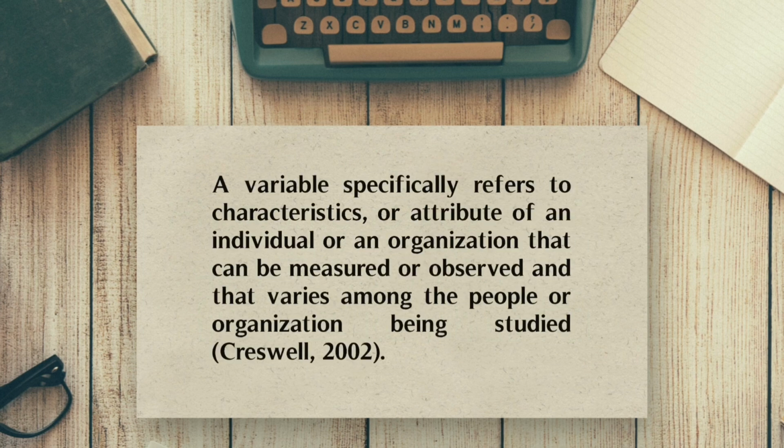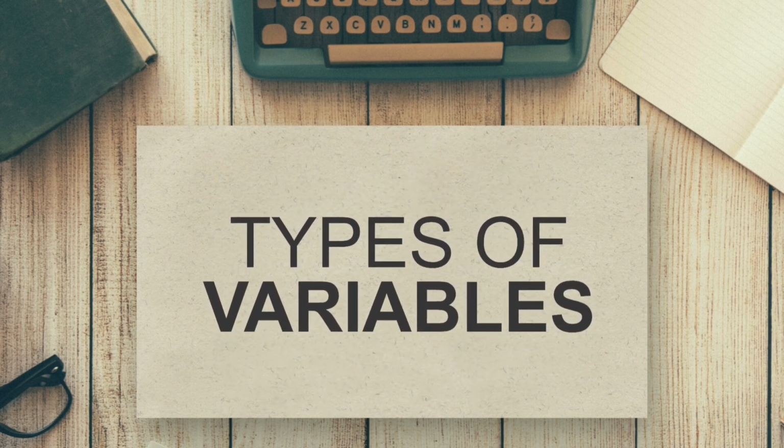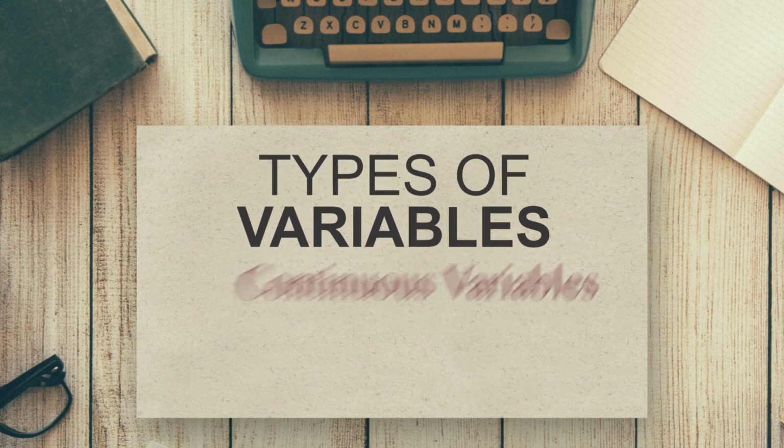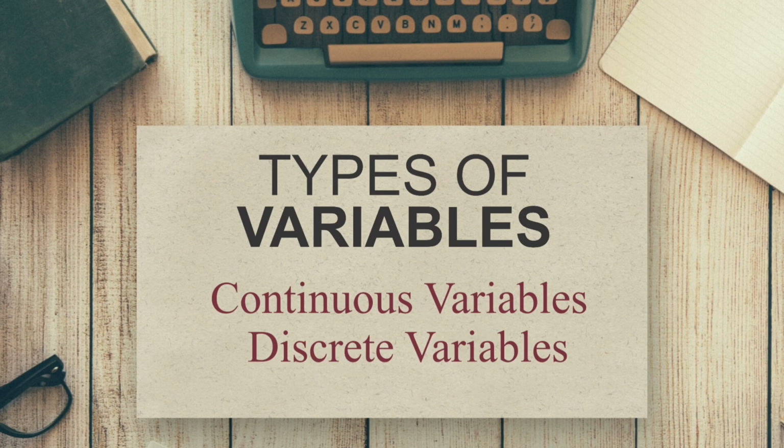A variable specifically refers to a characteristic or attribute of an individual or an organization that can be measured or observed and that varies among the people or organization being studied. Creswell, 2002. The types of variables include continuous variables and discrete variables.